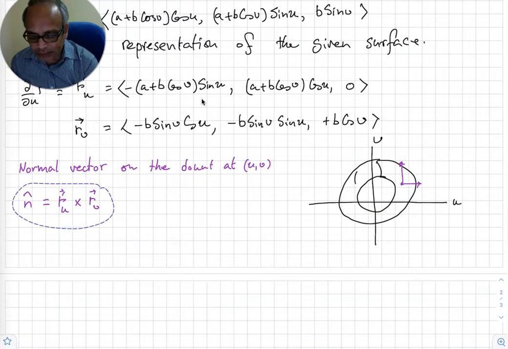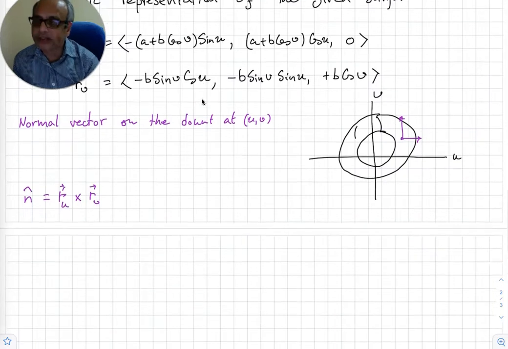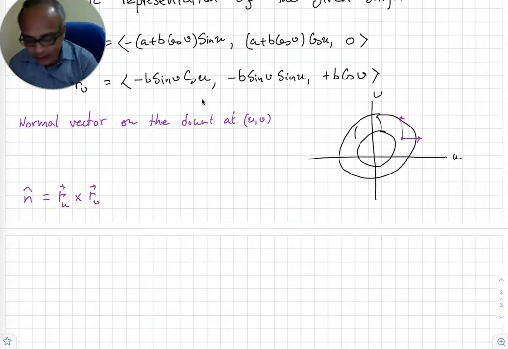All we need to do now is calculate the cross product, and we know how to calculate the cross product. So let's recall.